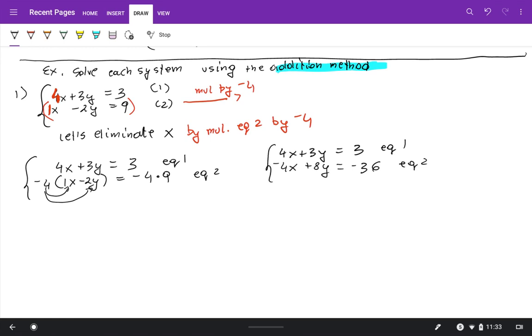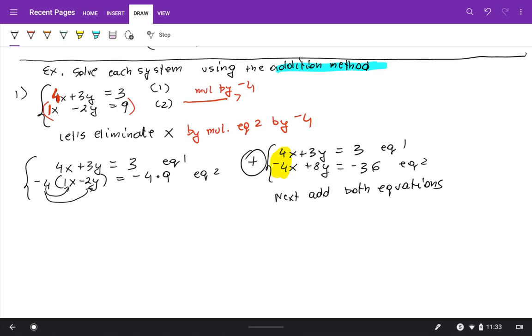So now look what happened. When we finally have opposites in front of x from the first and second equation, now it's time to add the equations together. So next, add both equations. I'm adding both equations vertically.